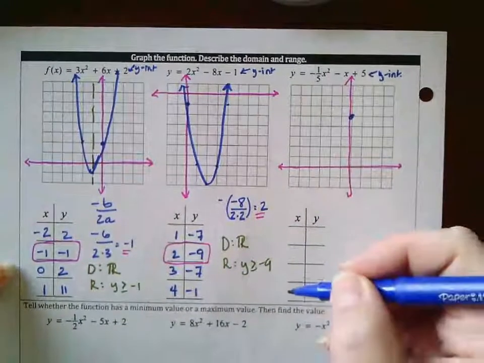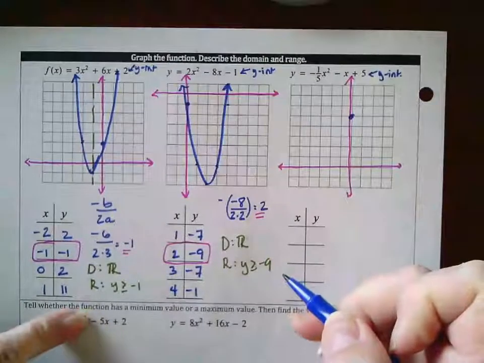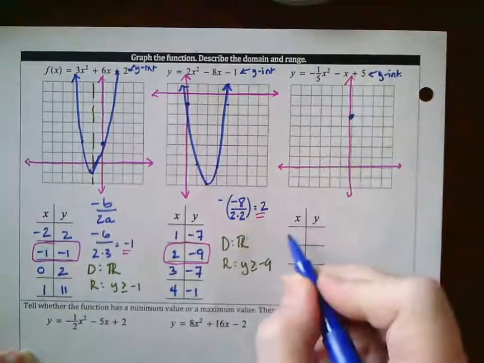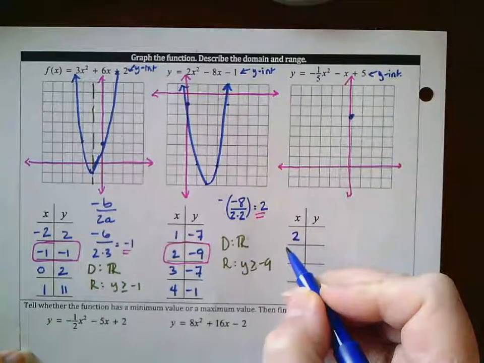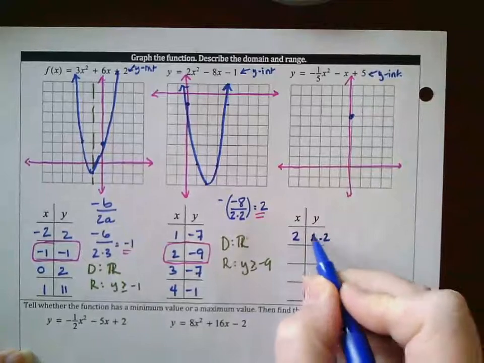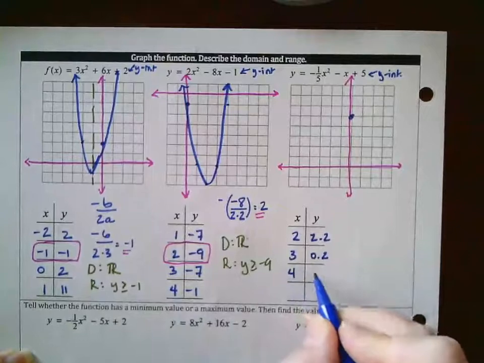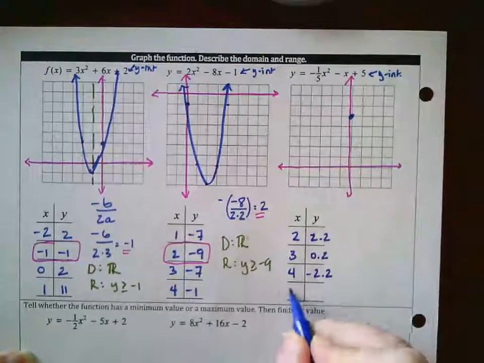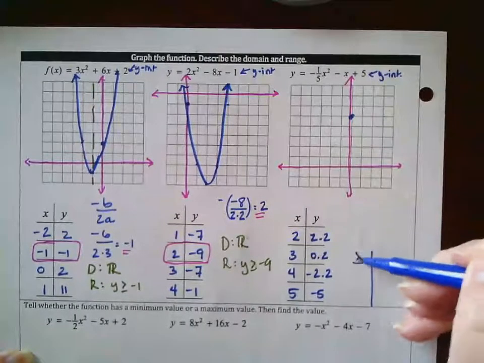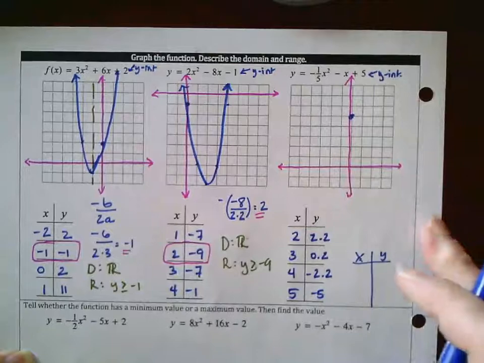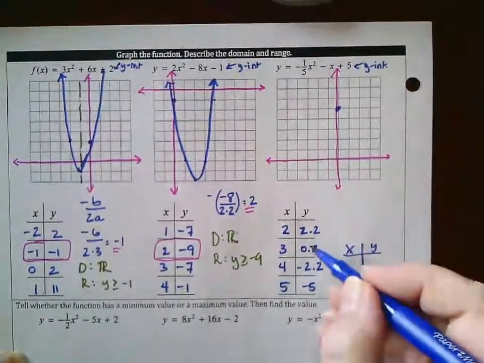So if I look for some numbers here, I plug them in, it's going to be kind of crazy. So I did a bunch of these already, and 2 is going to be 2.2, 3 is going to be 0.2, 4, -2.2, 5, -5, and then I actually did a few more than that because of the type of numbers we're working with, very tiny numbers when it comes to doing a lot of decimals.